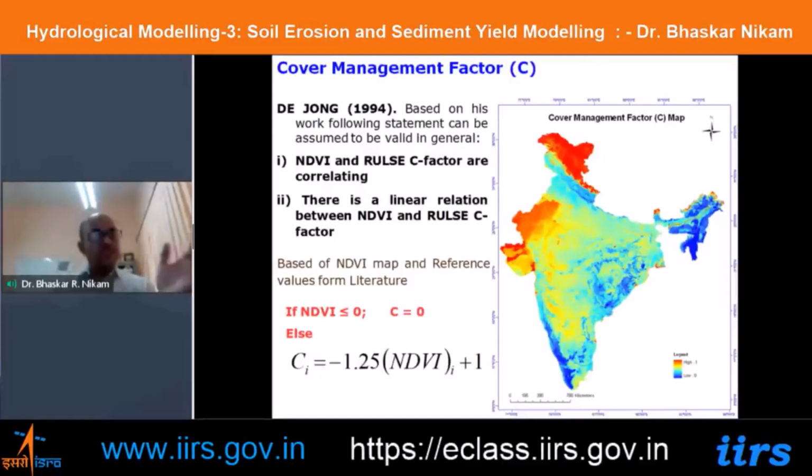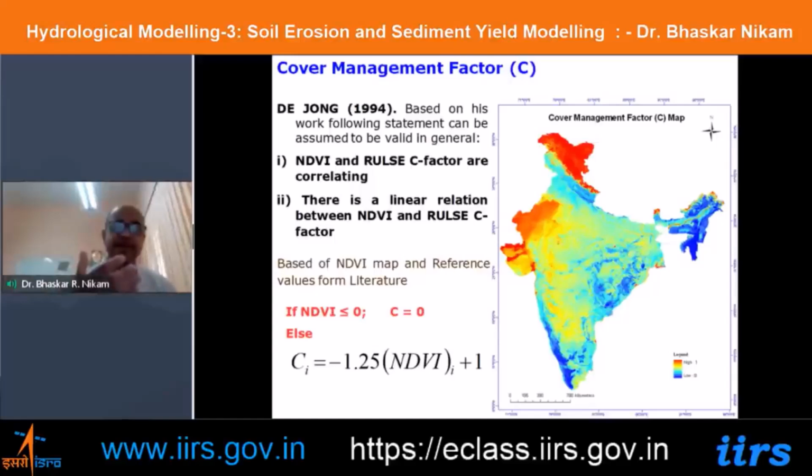So all these parameters will have some non-negative, non-zero value. So to make that soil erosion 0 or reduce it, I must reduce the value of C factor. The minimum value of C factor could be 0. So mathematically, hypothetically, I am saying NDVI is equal to 1 means C factor is equal to 0.